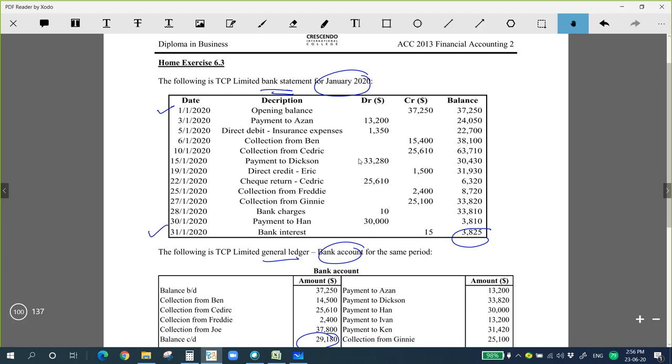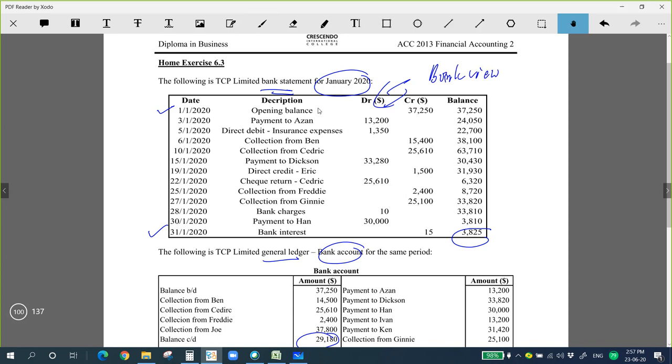Yes, Kerry, your answer is correct. This bank statement is prepared based on whose view? This is based on bank view. That's why the transaction is totally opposite as compared to us. For example, when you debit bank in your ledger, it means your amount increases, right?